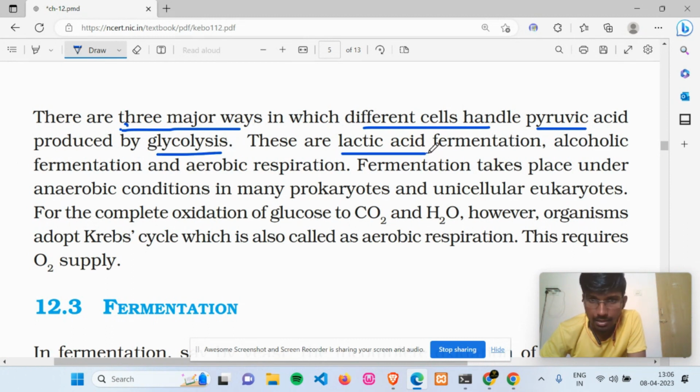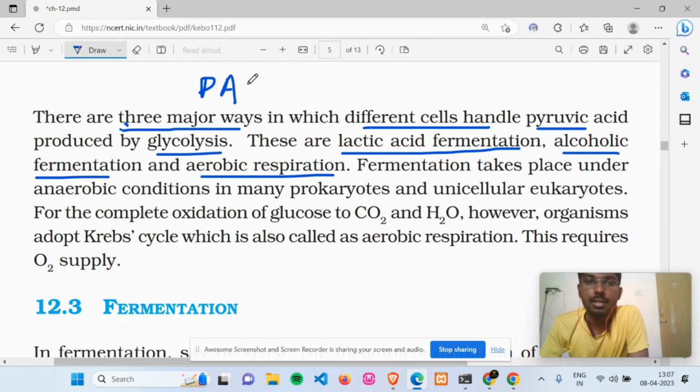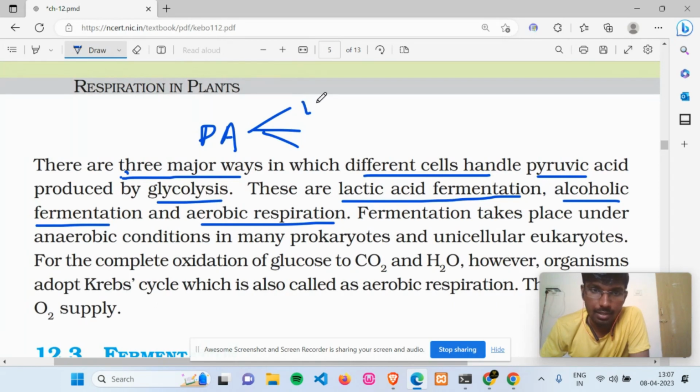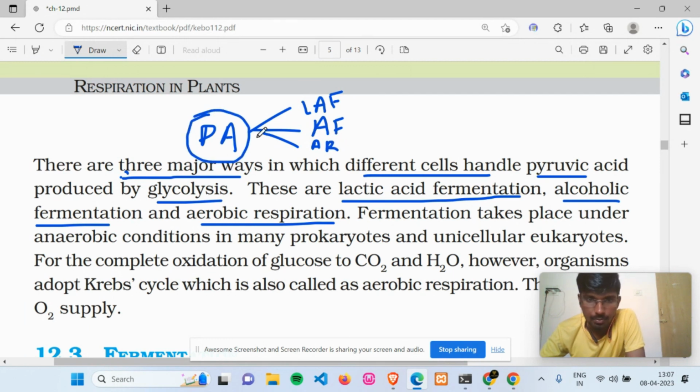These are lactic acid fermentation, alcoholic fermentation, and aerobic respiration. So all these processes use PA, that is pyruvic acid.